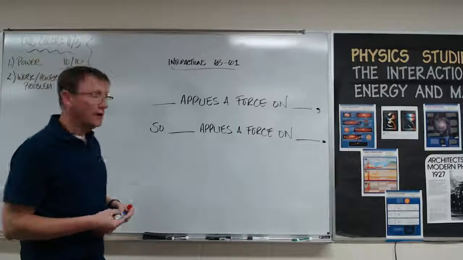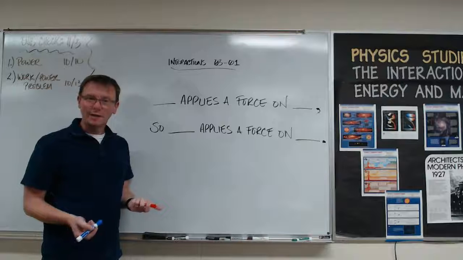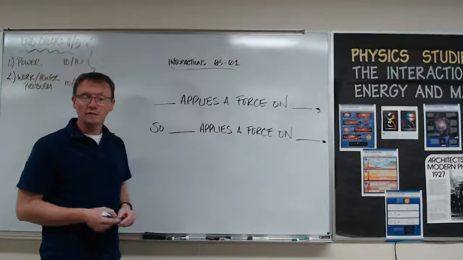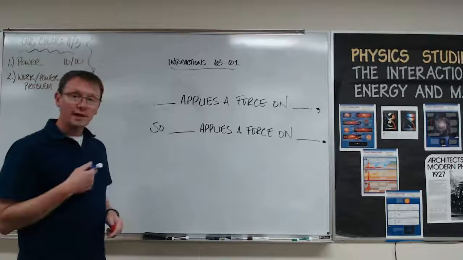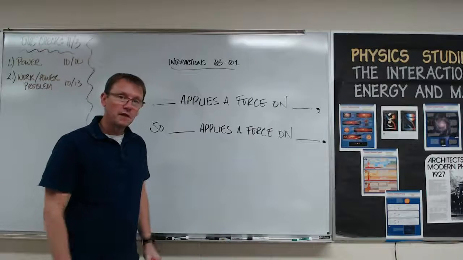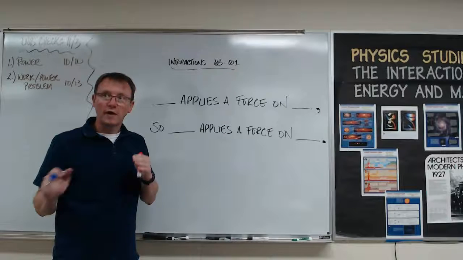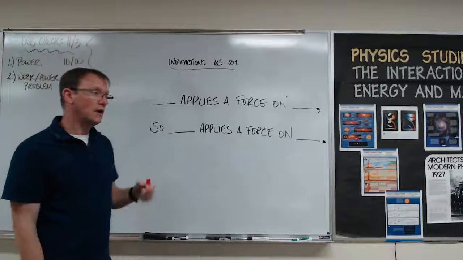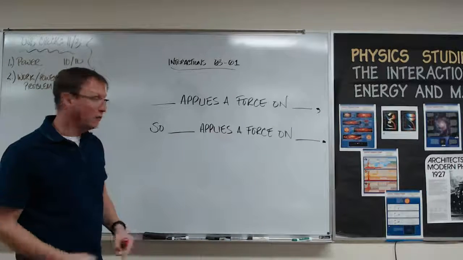This is what I think of. So the action force is usually easy. It's the thing that is choosing or is forced to apply a force to the other object. So in my case, for jumping, it is me pushing down on the floor. If I wasn't here to do that, then there would not be that force on the floor. So that is the action force, right?